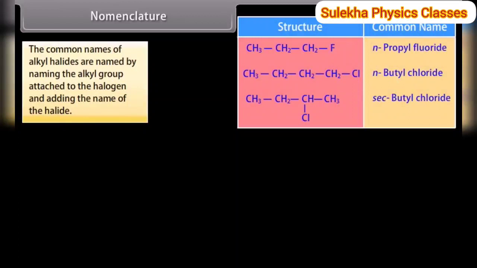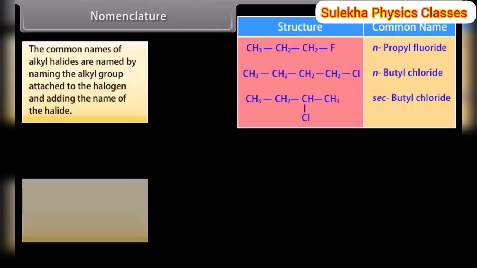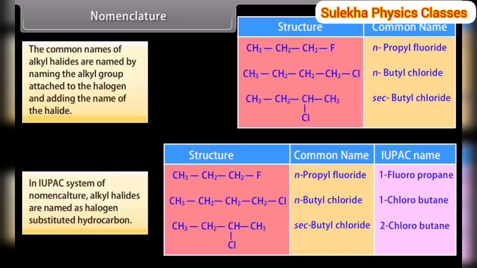Nomenclature. The common names of alkyl halides are given by naming the alkyl group attached to the halogen, and adding the name of the halide. In the IUPAC system of nomenclature, alkyl halides are named as halogen-substituted hydrocarbons.